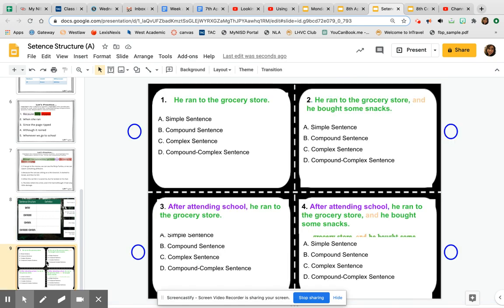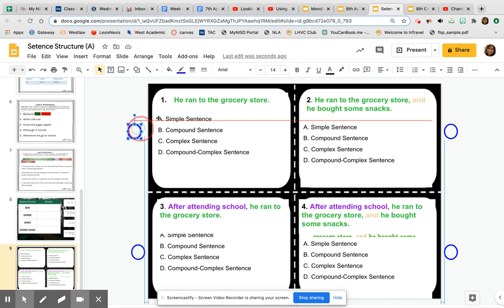And then slide 9, we are practicing identifying compound, simple, complex, and compound-complex sentences. So you're going to read the sentence here. He ran to the grocery store. Is this A, a simple sentence, B, a compound sentence, C, a complex sentence, or D, a compound-complex sentence? I will tell you this first one is A.